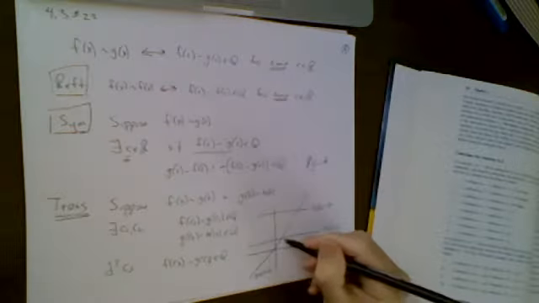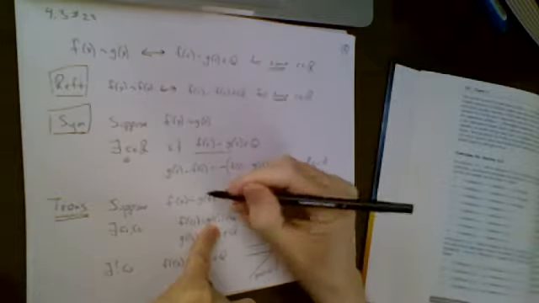And let's study this picture. Notice there's a point where f and g are the same, namely at 1. So at 1, f of 1 minus g of 1 is 0. So there is a point, namely 1, that makes f minus g rational, so f is indeed related to g.